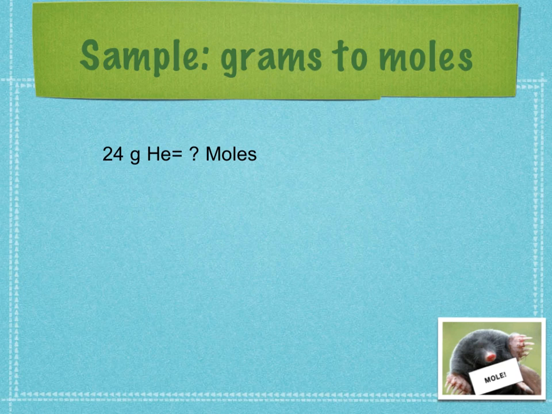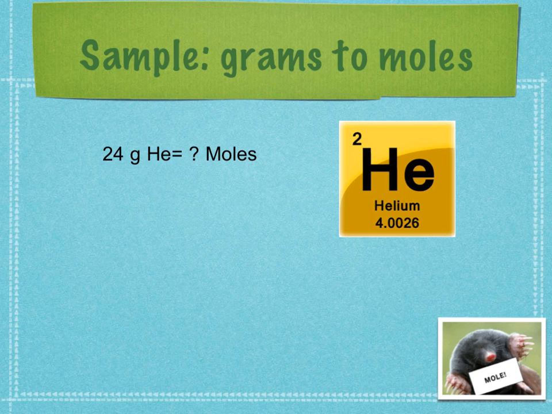Our second example involves going from grams to moles. In this example, I have 24 grams of helium, and I want to know how many moles that is. So I'm going to go back to my good friend, the periodic table, and I find out that 1 mole of helium weighs 4.0026 grams. And I'm going to be lazy, so I'm just going to say it weighs 4 grams. So if I take my 24 grams of helium, and I'm now trying to figure out, do I multiply or divide?